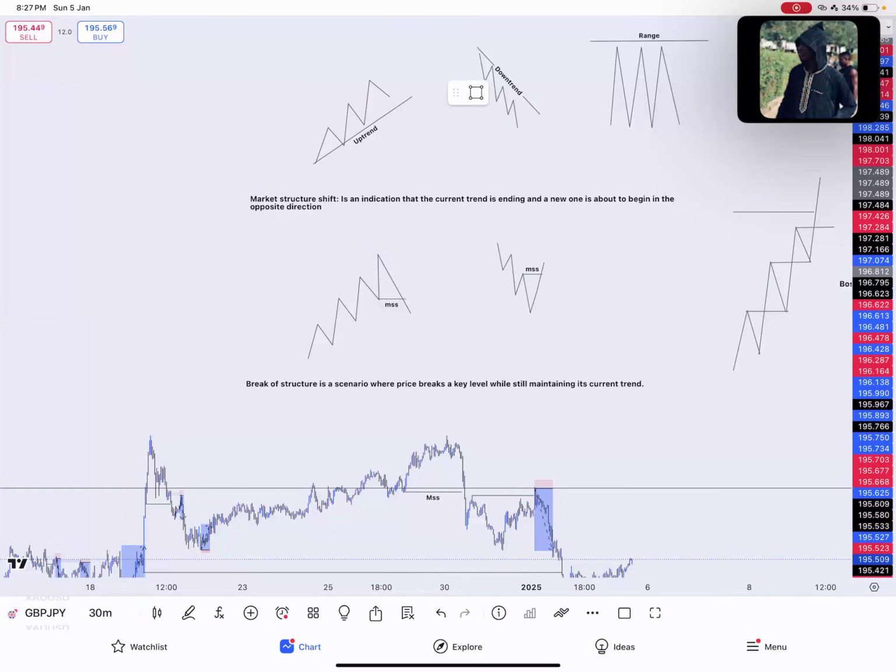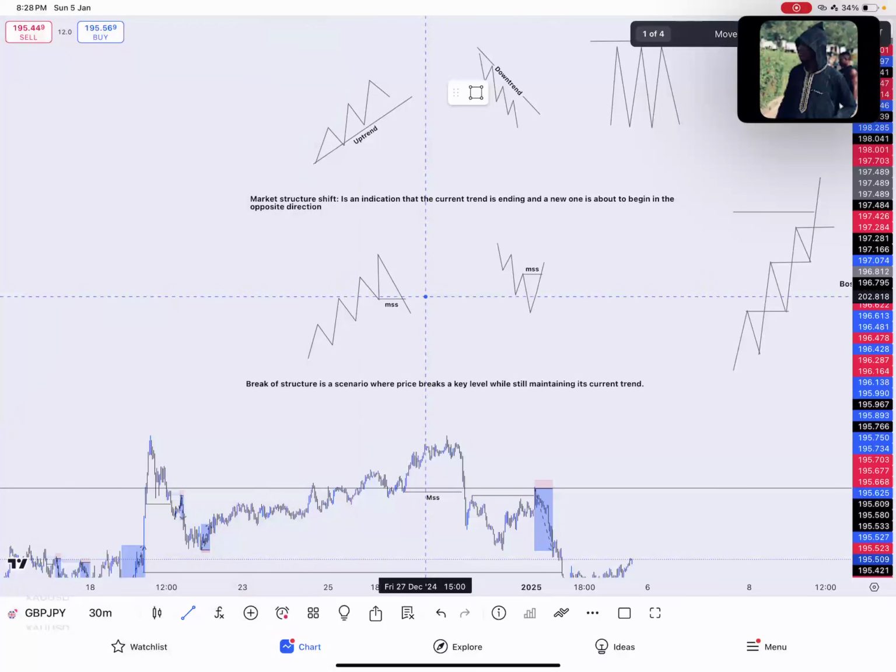Let's say price was on a previous uptrend, making a series of higher highs, higher lows, higher highs, higher lows, higher highs. Then it came here, and instead of making another higher low to continue this uptrend, there was a market structure shift here to the downside. So we have gotten a market structure shift.